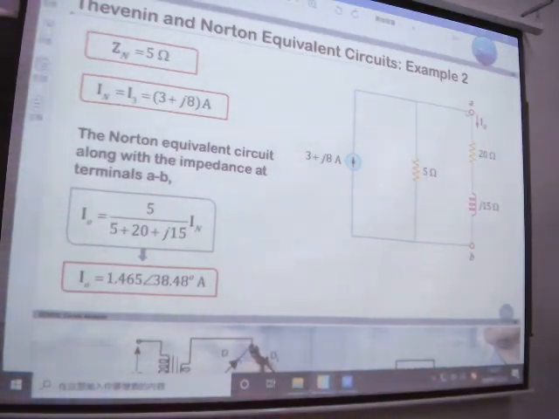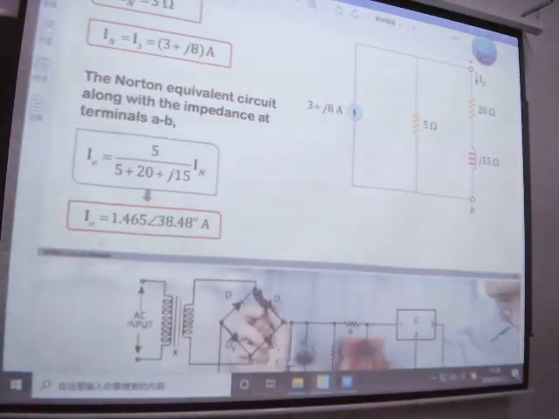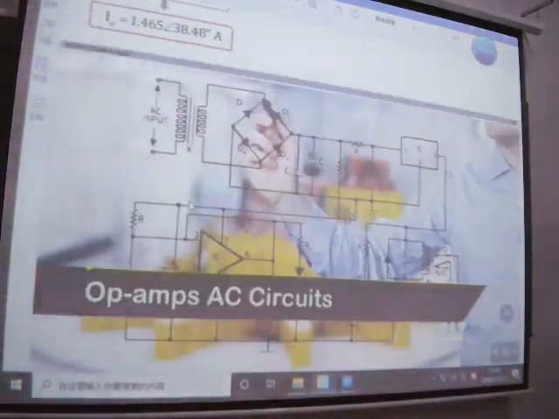The current that goes through this one is equal to the opposite impedance over the sum, times the source. Clear? And then we get the value in complex form, and we remember to transfer it to phasor form, then transfer to time domain. Don't forget this.